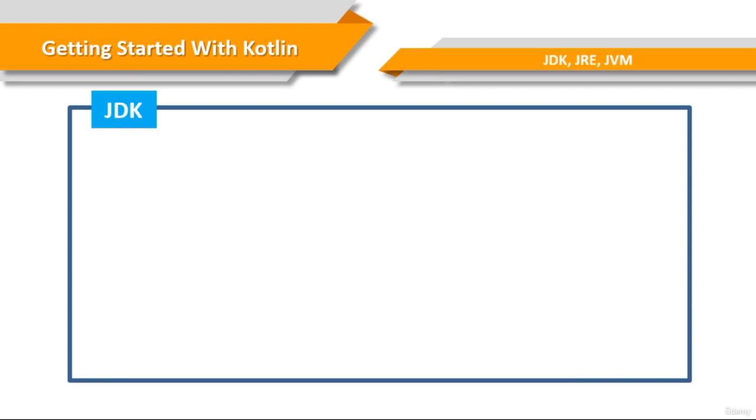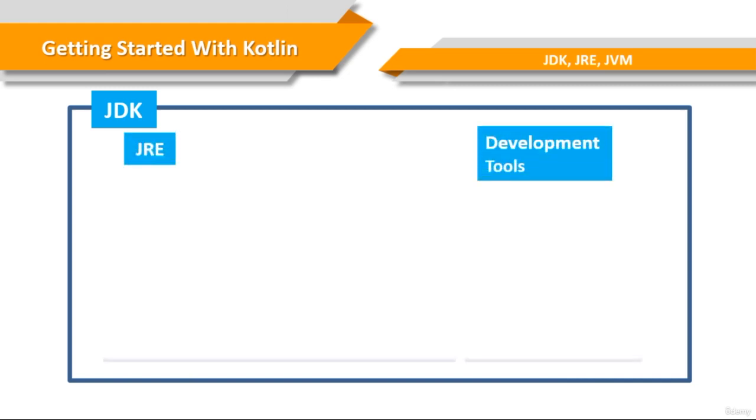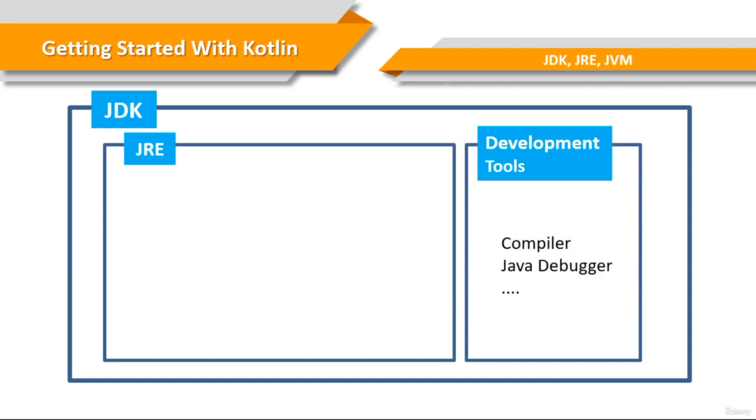This package contains all the tools that you need to develop with Java. If you want to develop and run applications, you will need to install the JDK onto your machine. It actually includes the Java Runtime Environment and other development tools. Development tools are things like compilers, Java debuggers, and other things that you'll learn.